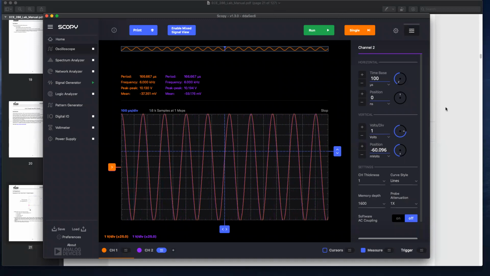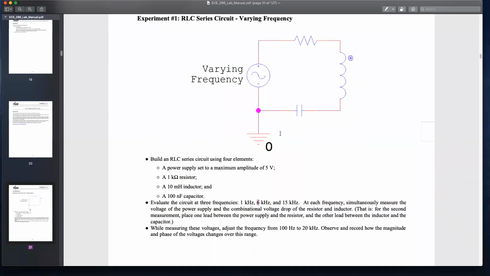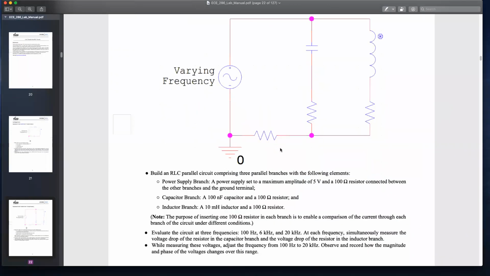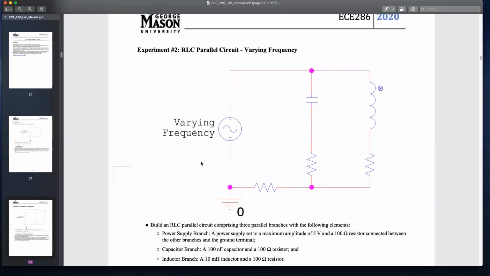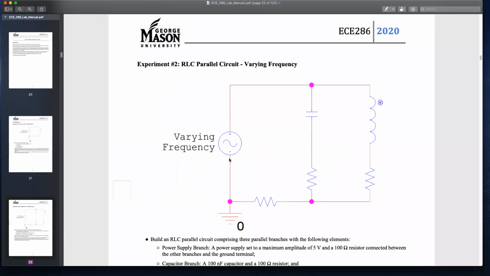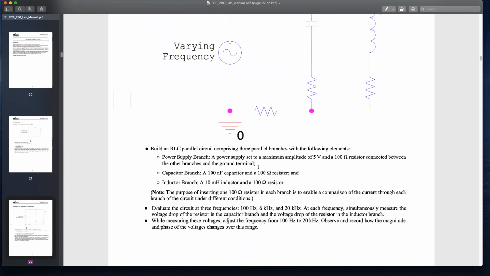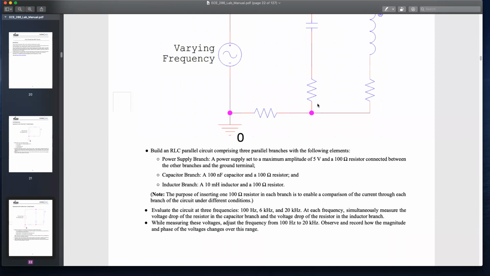And then for the second part, you have this funky looking circuit and you are adding a resistor in 2 branches, one with a capacitor and one with an inductor, and then you're measuring the voltage drop across these resistors.